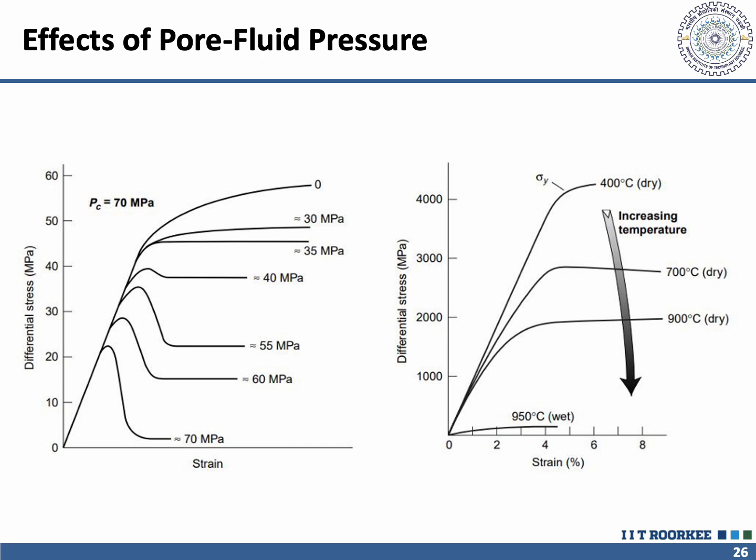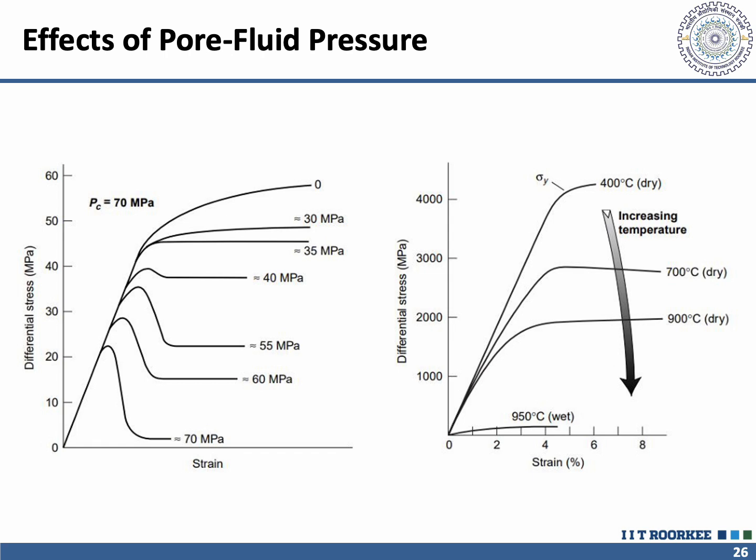The left graph represents the effect of pore fluid pressure on limestone. Here, the confining pressure Pc equal to 70 megapascal is held constant. The curves correspond to different pore fluid pressures from 0 to 70 megapascal. The y-axis represents the stress in megapascal and the x-axis represents strain in percentage.